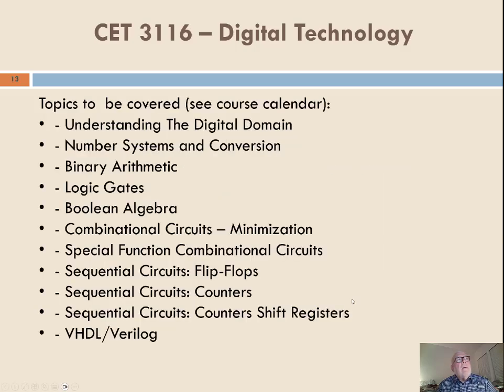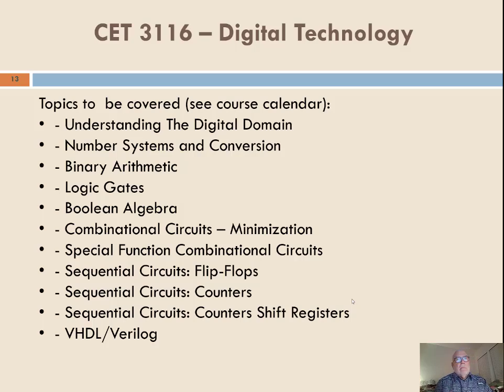Okay, we're going to be covering the following topics: understanding the digital domain. We're going to be, as I mentioned, working with number systems and conversion between those systems and bases. We're going to be looking into forms of doing arithmetic in binary. Of course, logic gates.